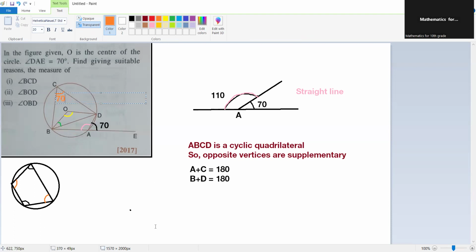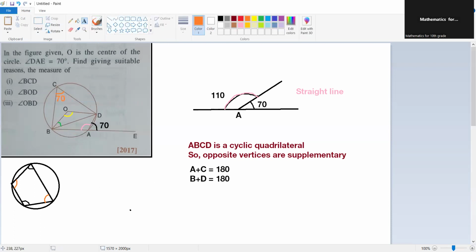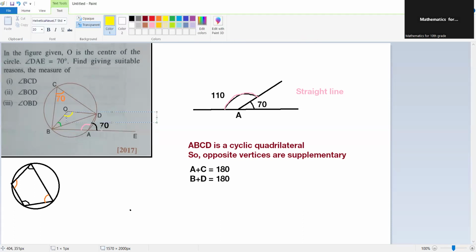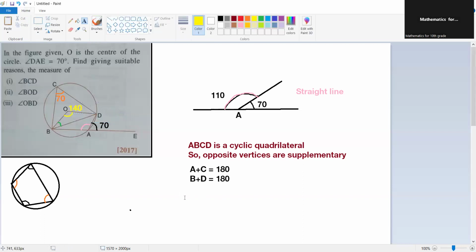Now, if this is 70, the yellow angle has to be 140. I'll tell the reason. Because the angle at the center is double the angle at the circle. I'll show by example.